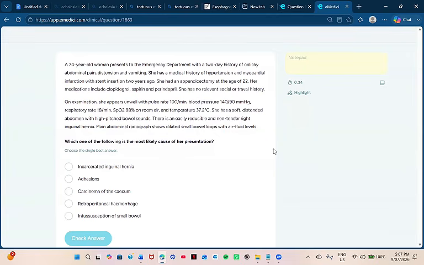On examination, she appears unwell with pulse rate 100, BP 140 by 90, respiratory rate 18, SpO2 98, temperature 37.2. Soft distended abdomen with high pitched bowel sounds. There is an easily reducible and non-tender right inguinal hernia. Plain abdominal radiograph shows dilated small bowel loops with air fluid levels. Which one is the most likely cause of the presentation?